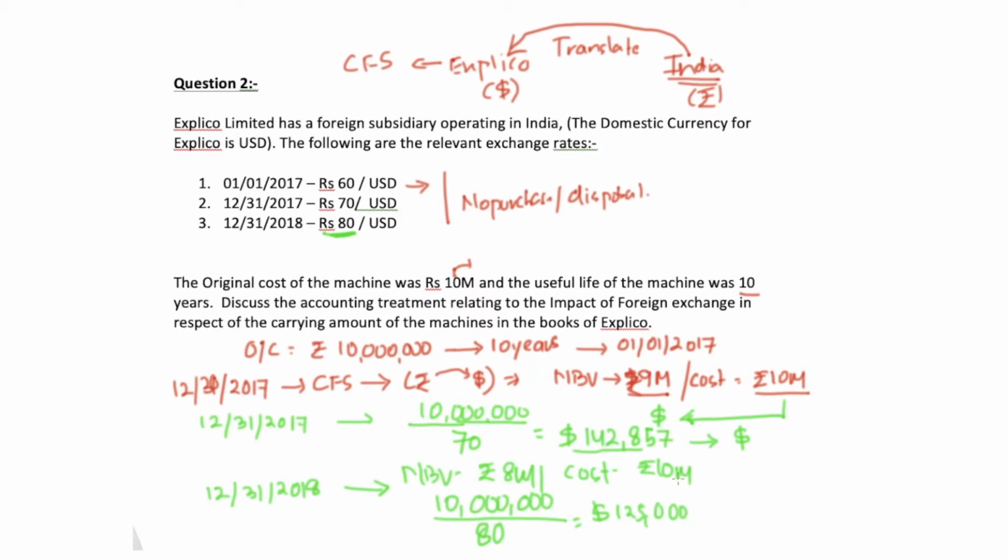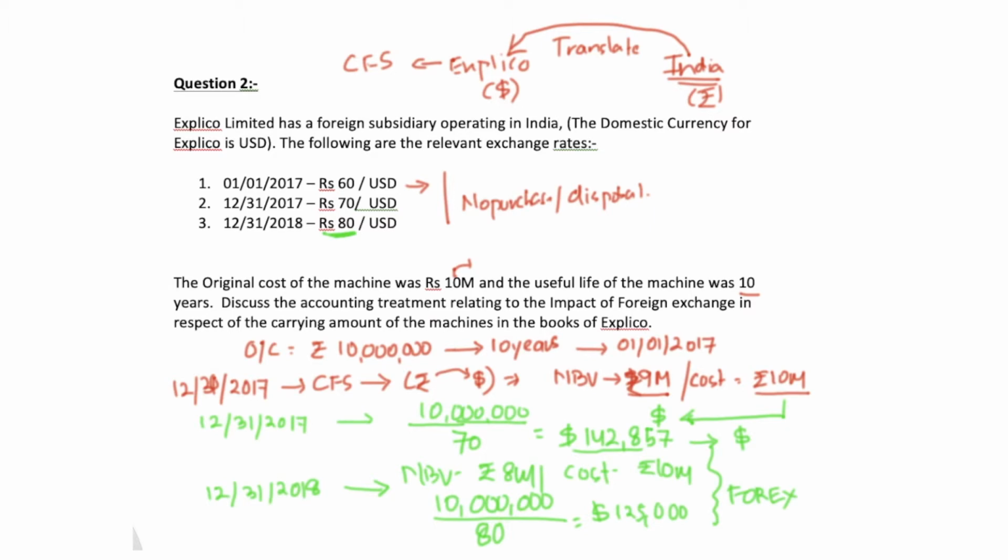See, from 142K to 125K, we did not do anything. We neither disposed of nor scrapped anything. There is no impairment loss. Only because of the exchange difference, the cost of the asset came down from 142 to 125. Now, this is the impact of foreign exchange.